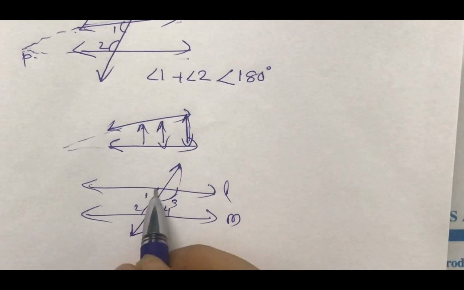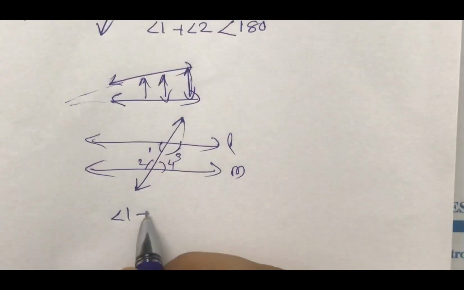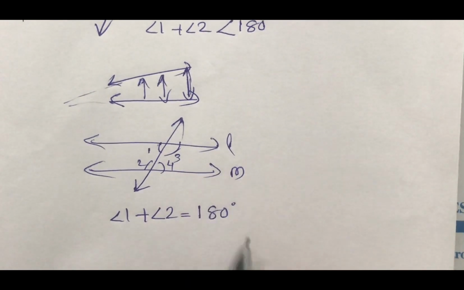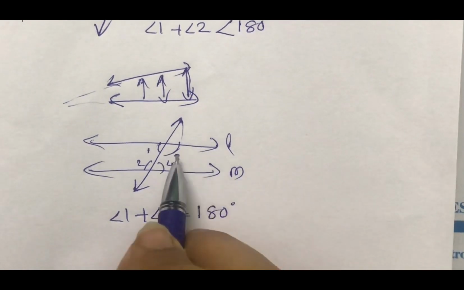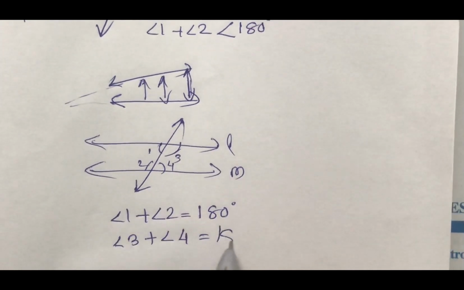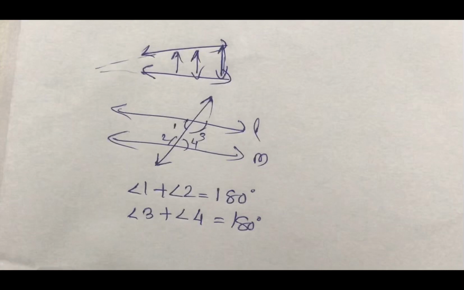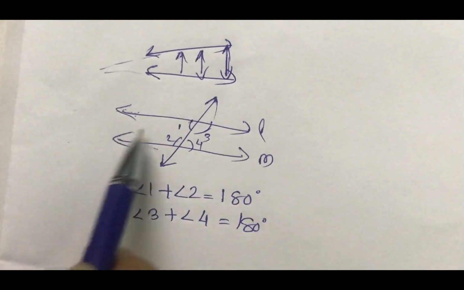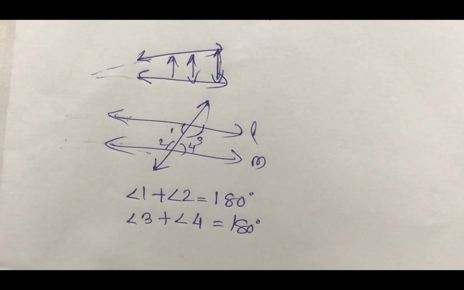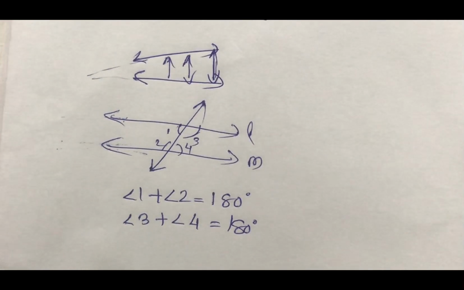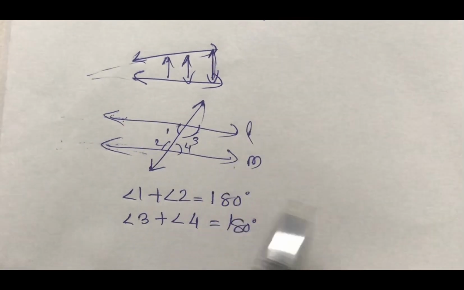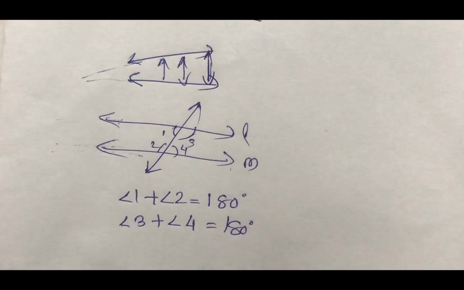We know that the interior angles 1 plus 2 will be equal to 180 degrees for parallel lines. The interior angles on the other side are also 180 degrees. So if produced infinitely, on this side they will never meet, and on this side also they will never meet. So the lines L and M never meet, so they are parallel.